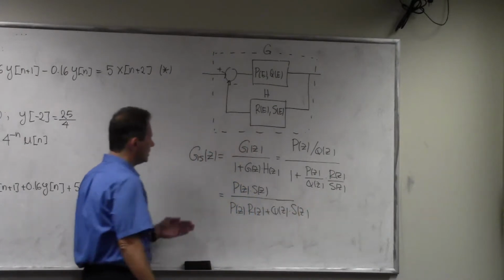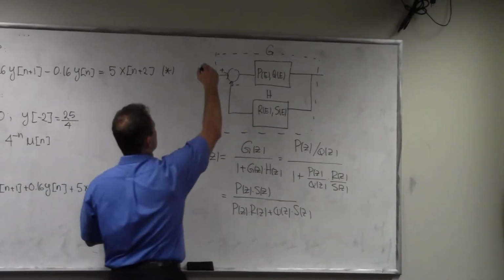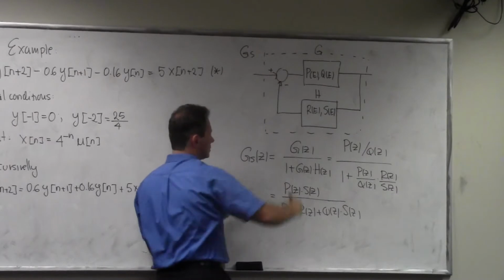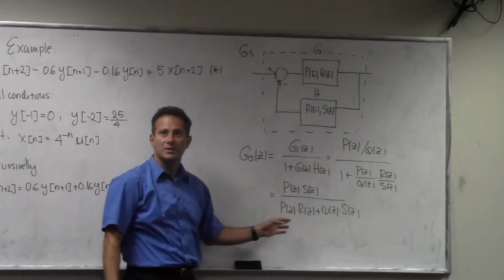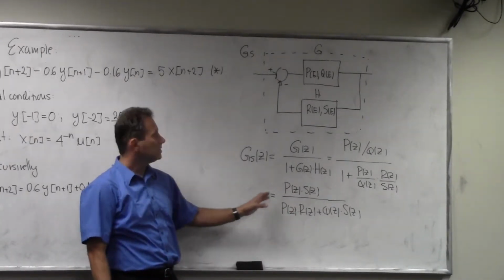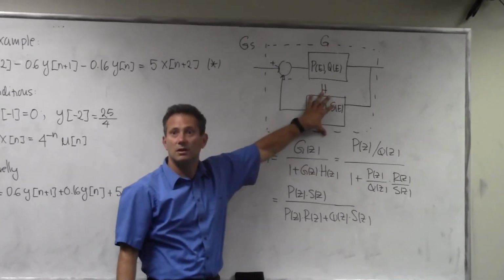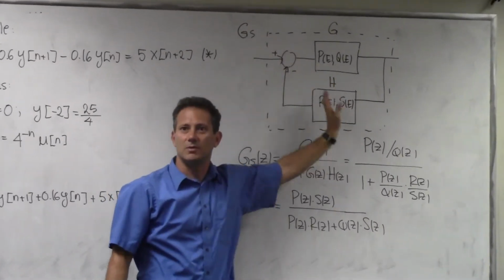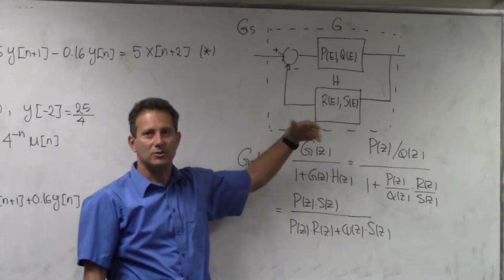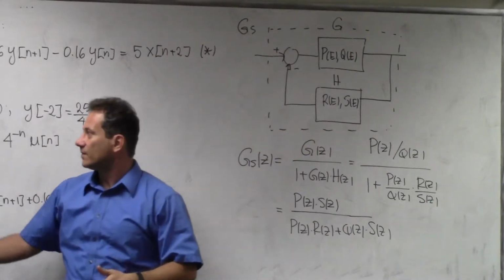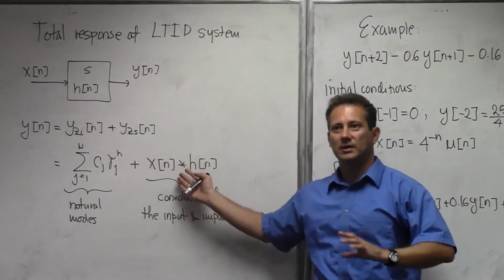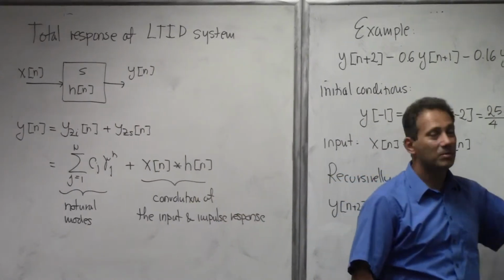So what you end up with is an overall system, G_S, that has completely different polynomials up and down, which means that by inserting this here, I've changed the difference equation for the whole thing. And by doing that, now you have different natural modes, different impulse responses, and this is how we play.